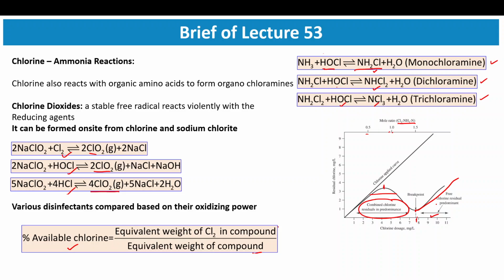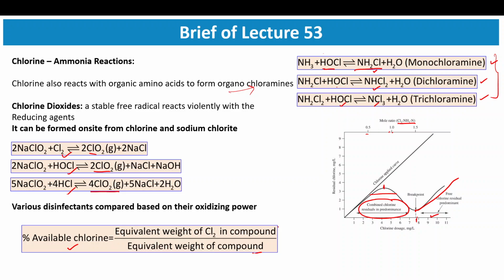Chlorine, or hypochlorite, has the tendency to combine with the ammonia or the organic amino acids to form products like monochloramine, dichloramine, trichloramine, or organochloramines, right? These are all combined chlorine, and these can also be used, but you should have some optimization.